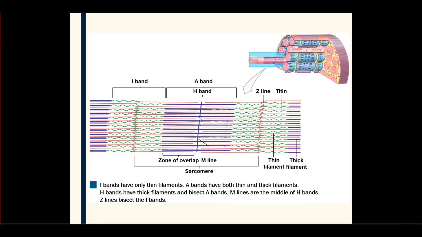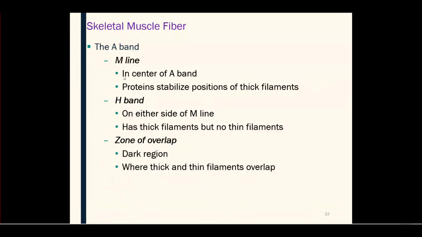The function of this M line is to help hold these thick filaments in place. You're going to see over the next couple lessons we cannot have the thick filaments move. They need to stay stationary. So that M line is actually proteins, right? It stabilizes the position of the thick filament.